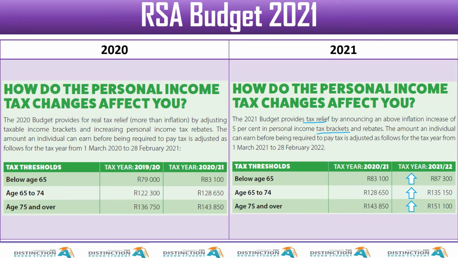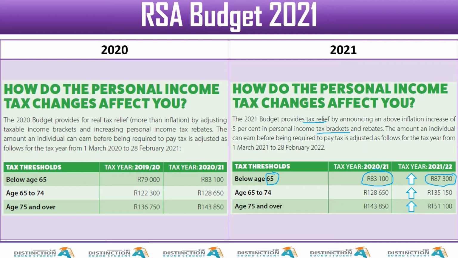The amount an individual can earn before being required to pay tax is adjusted as follows. What it means is, if you are below the age of 65, which is what I am going to use in an example, the threshold has gone up from 83,100 to 87,300.